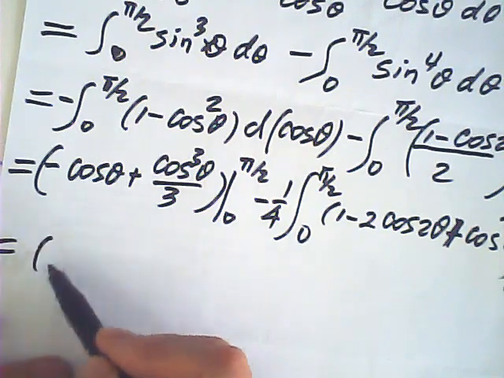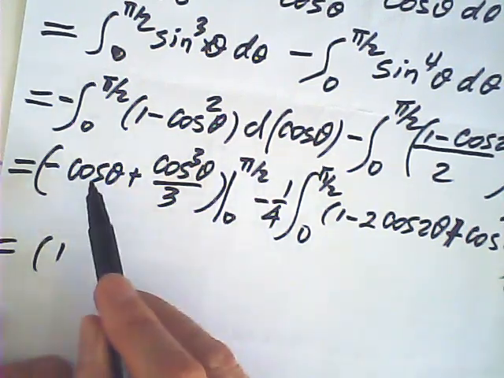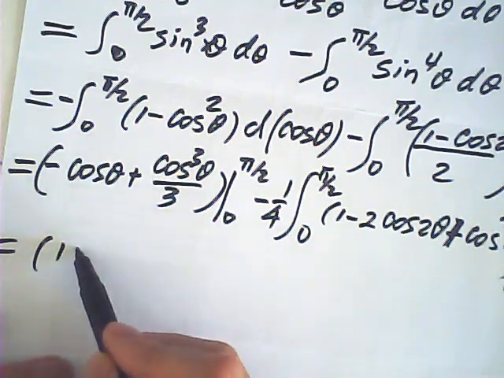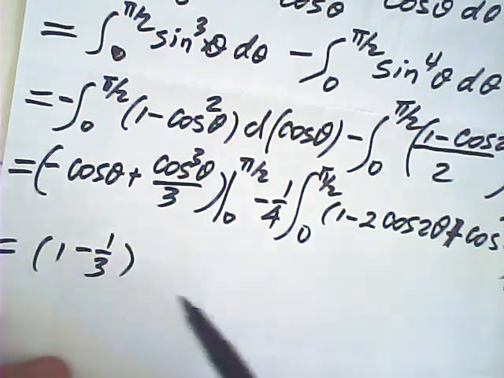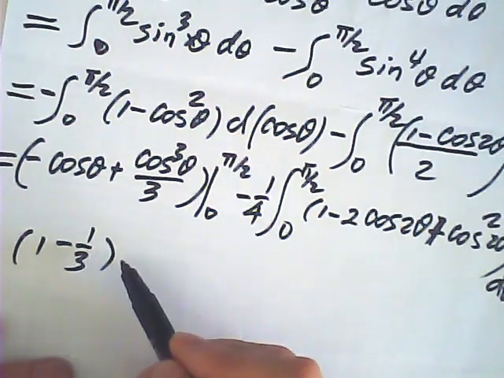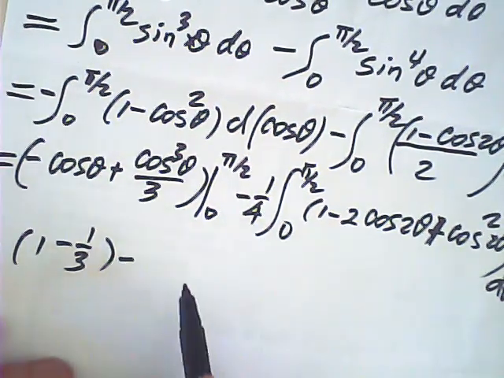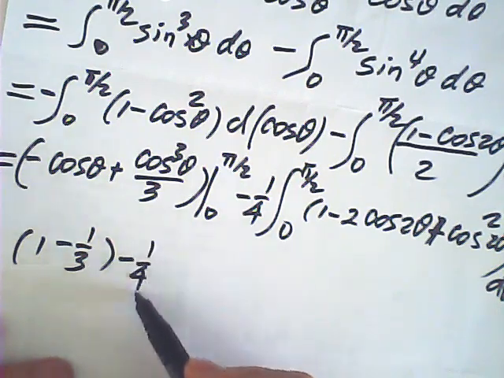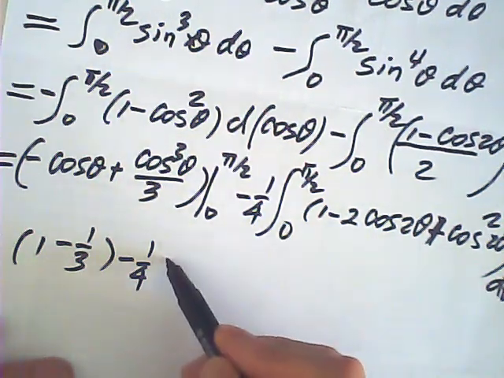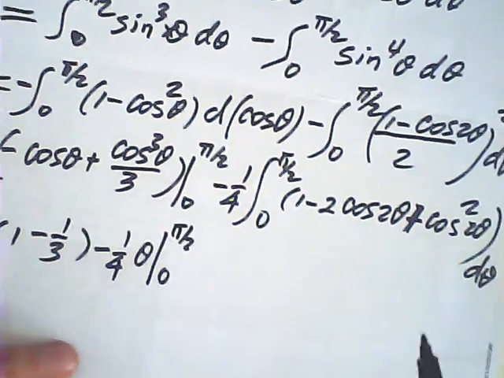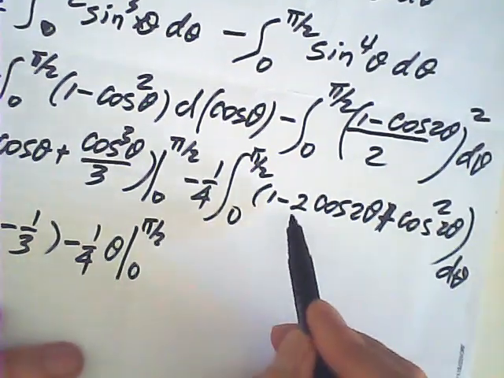So this one is equal to 1. This is 0, this is 1, and minus 1/3. That's for this one. For this one is equal to minus 1 quarter. 1 is d theta. Theta is that is this one.